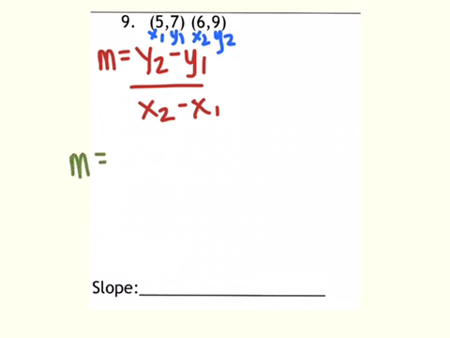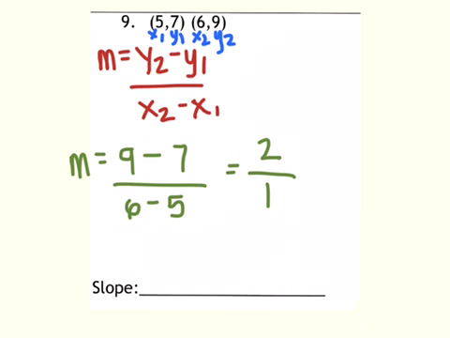M equals y2, which is 9, minus y1, which is 7, all over x2, which is 6, and x1, which is 5. So then that ends up equaling 2 over 1. And again, we want it in its simplest form. So we end up getting a slope of 2 as our answer.